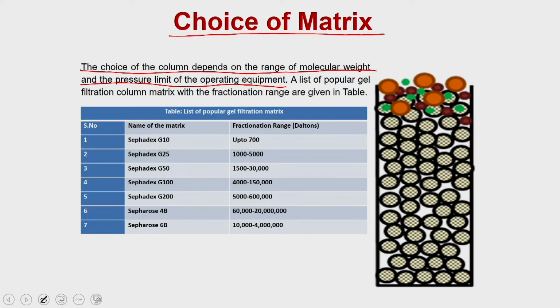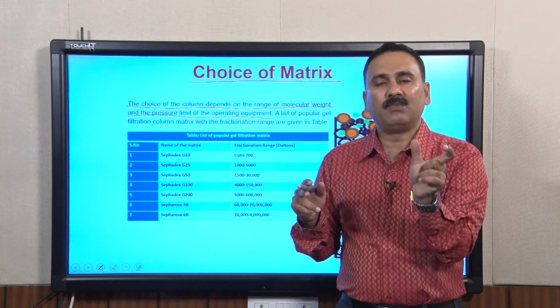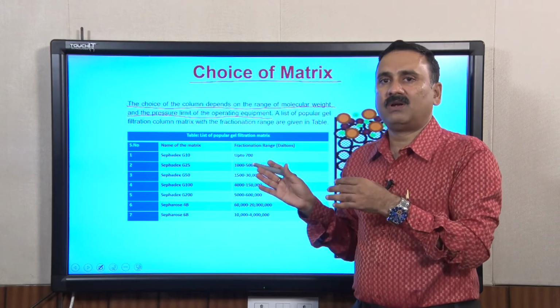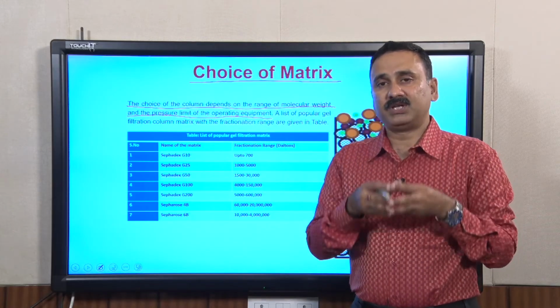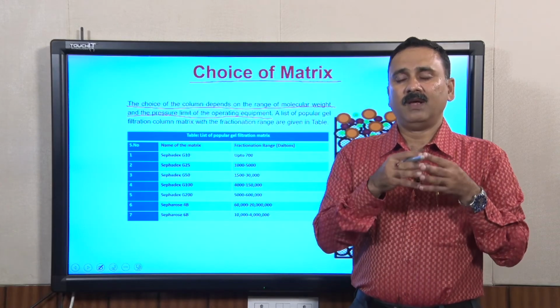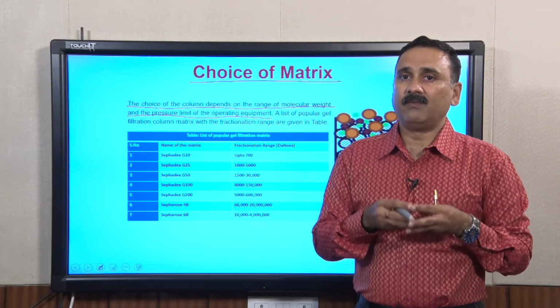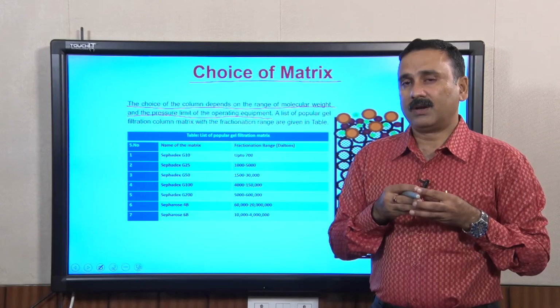Similarly, you should always know the molecular weight of your target molecule. So you choose the gel filtration matrix based on the pressure limit you are going to use, as well as the molecular weight range you are going to resolve.